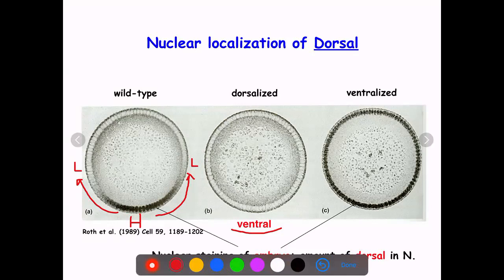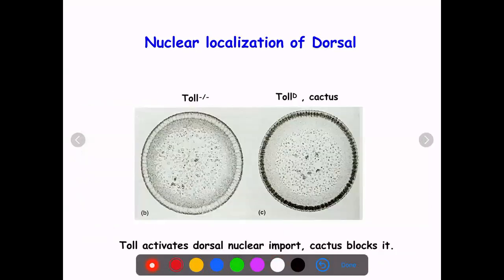So a dorsalized embryo is the mutant, and then there is the Toll. You always have to write Toll with a capital T. I think it was a German word, meaning cool or something like that. I'm not going to say too much about German, okay?